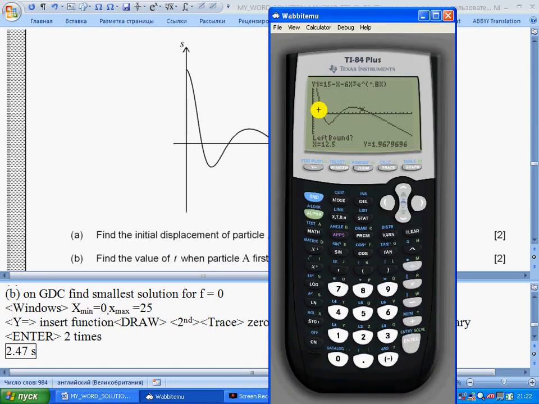We see that 0 is somewhere here between 2 and 3. So I put left boundary 2, right boundary 3, guess, and we get 2.47 seconds, the correct value. Very good.